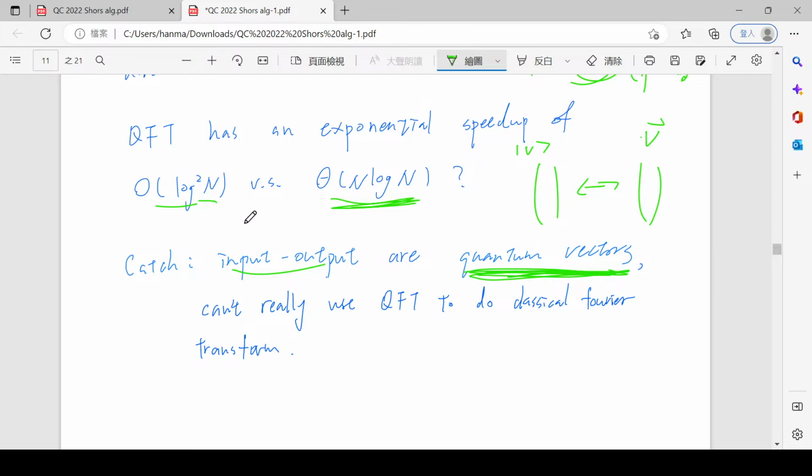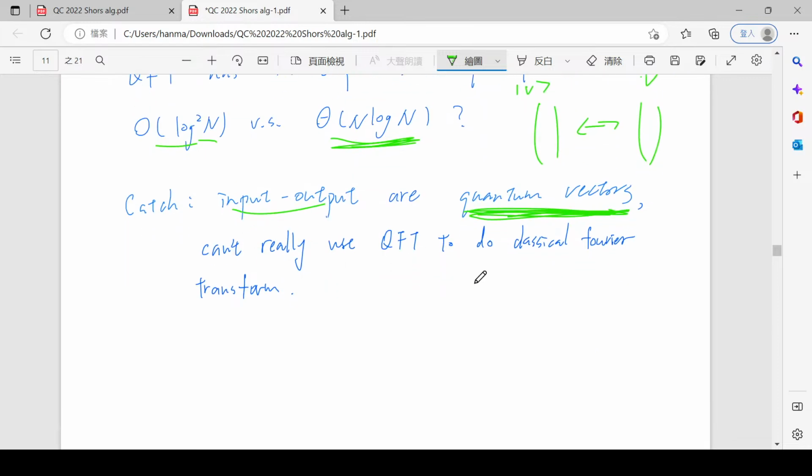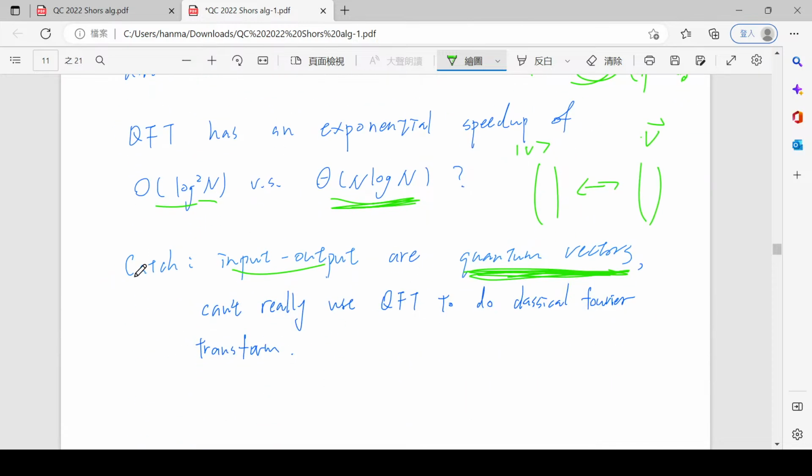So the quantum Fourier transform doesn't actually give you a very fast way to do the classical Fourier transform, but if you only care about input and output as a quantum state, then the quantum Fourier transform is still very cool, and it can be done very efficiently, using only order log squared n time.